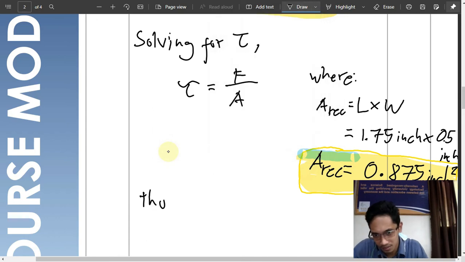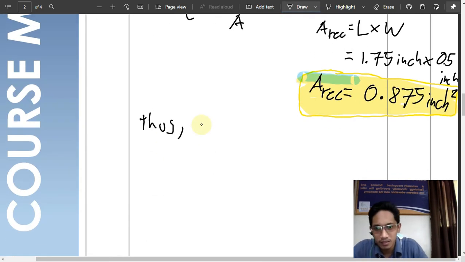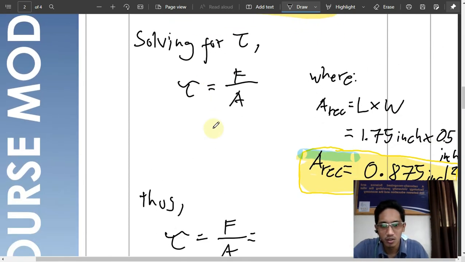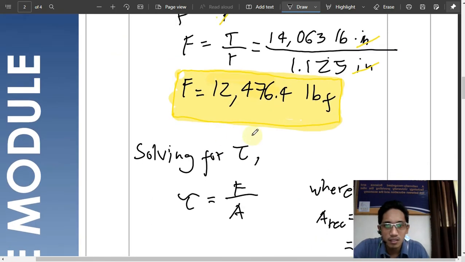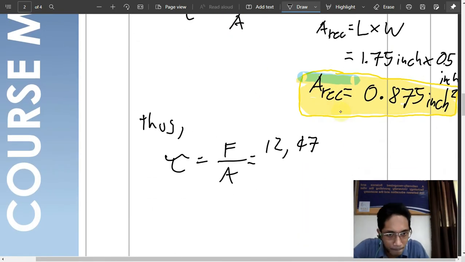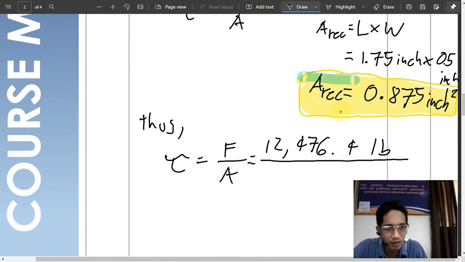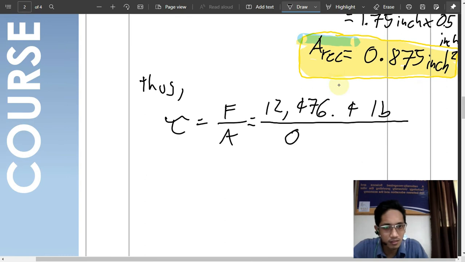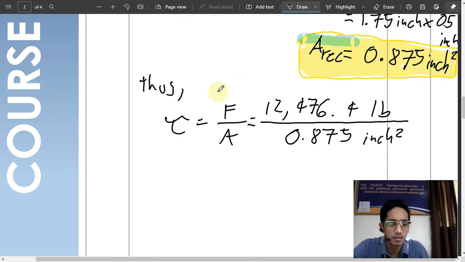Thus, shear stress is equal to force over area: 12,476.4 pounds over 0.875 inch squared.